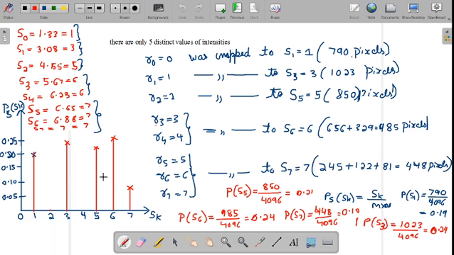Next, 3: there are 1023, divided by 4096, that is 0.24. Next 4, again it is missing, leave it. Next, 5 is 850 by 4096, that is 0.21. Next, for 6 it is 985 by 4096, it is 0.24. Next, for 7 it is 448 divided by 4096, that is 0.10. Okay, clear with this?